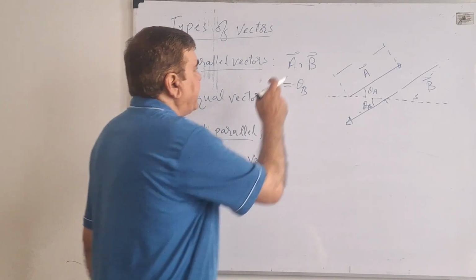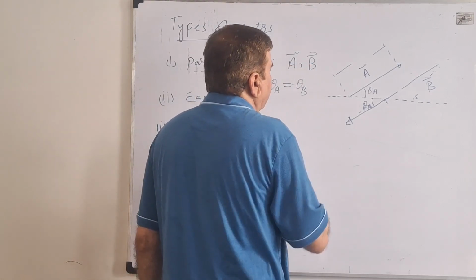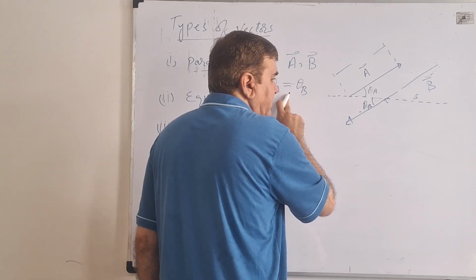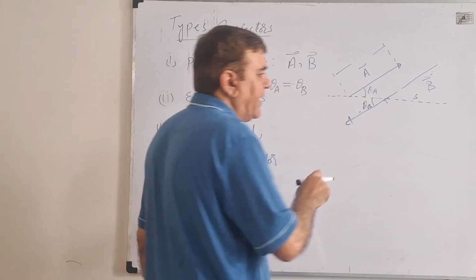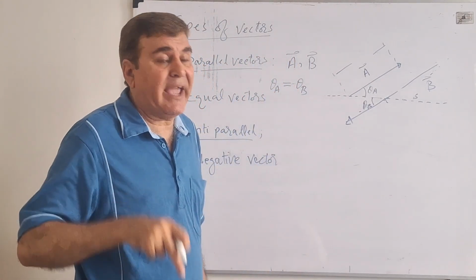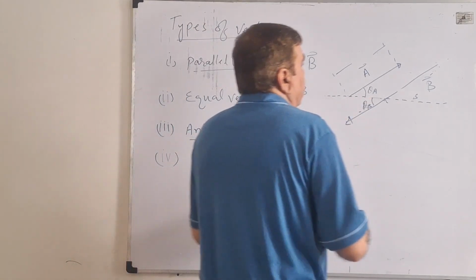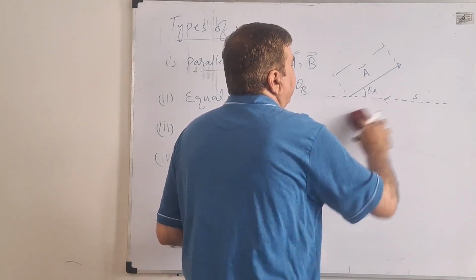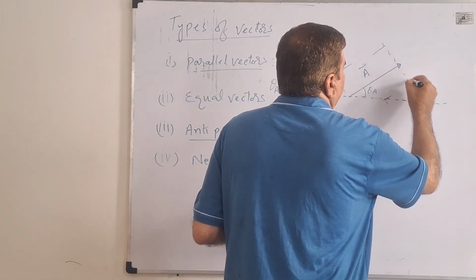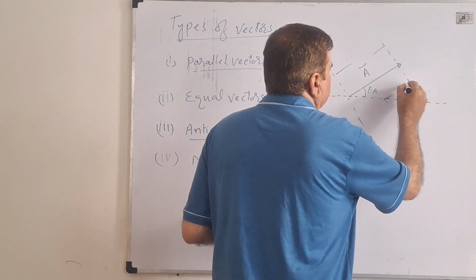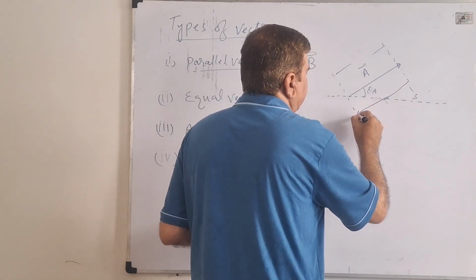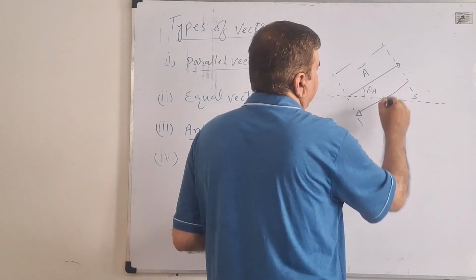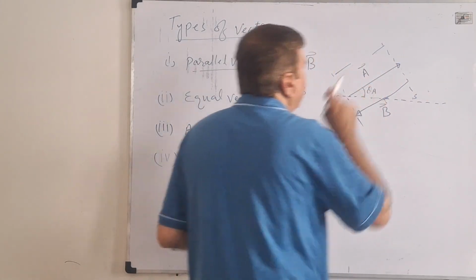So two vectors A and B are said to be negative of each other if they are opposite in direction and alongside they are equal in magnitude. That is, B would be the negative vector of A if it is given by this representative line. It is pointing opposite in direction and the length of B is exactly equal to A.